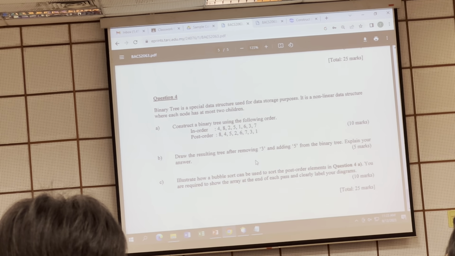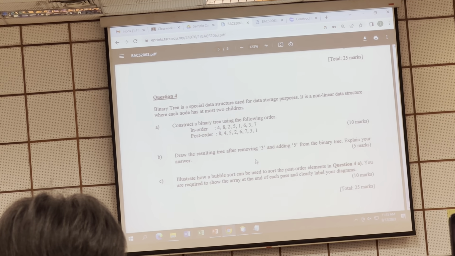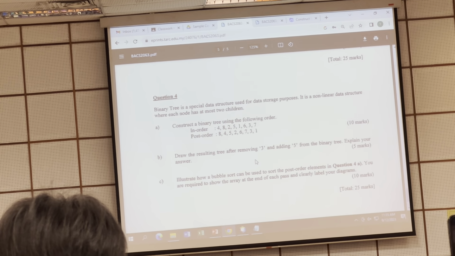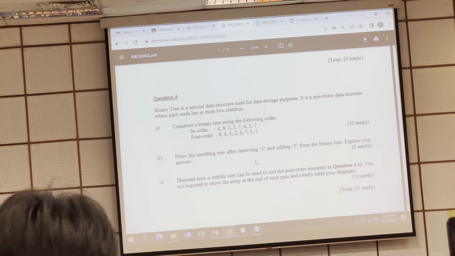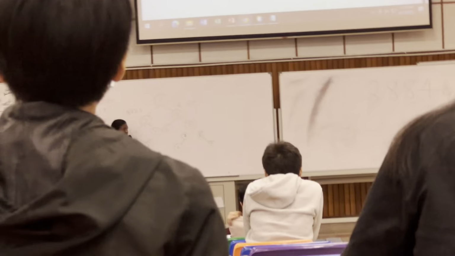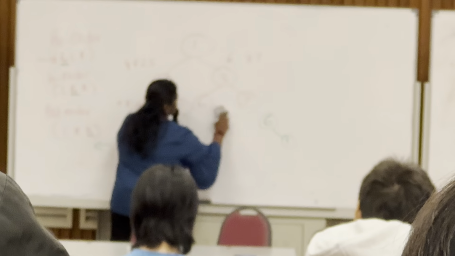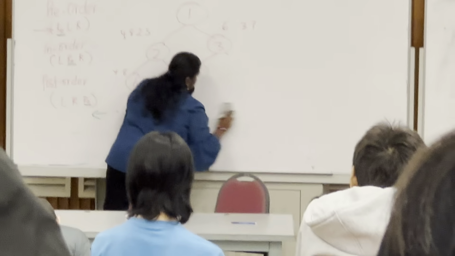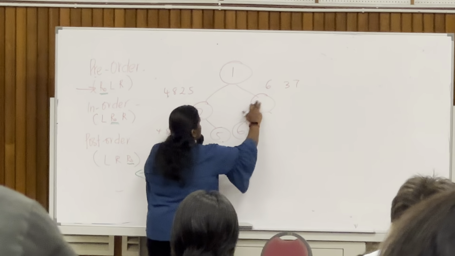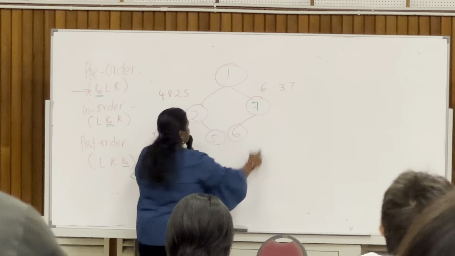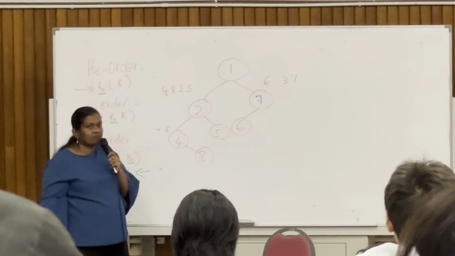How are you going to add 5? 5 is already there, 5 is here. Do you add 5 here? Suppose I were to choose this 7, how do I add 5?